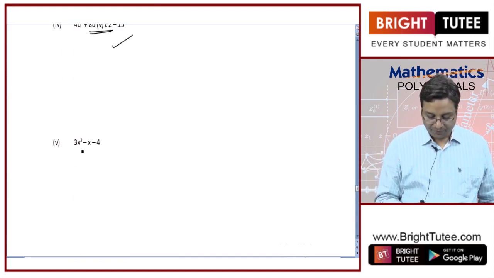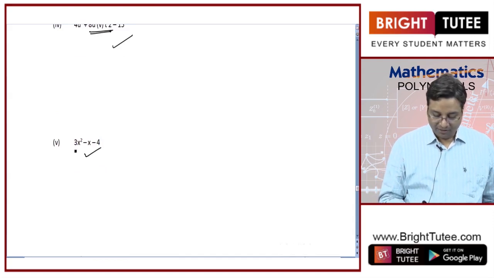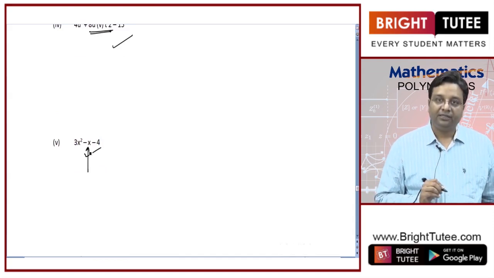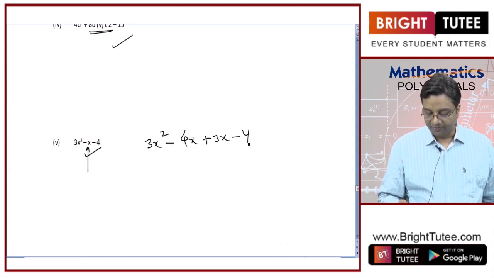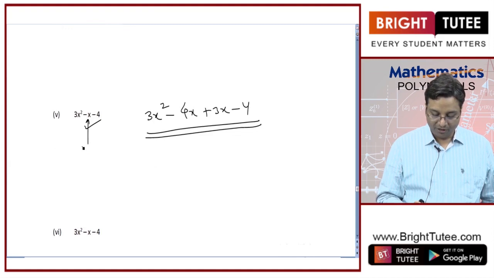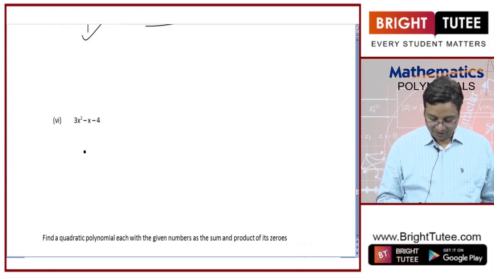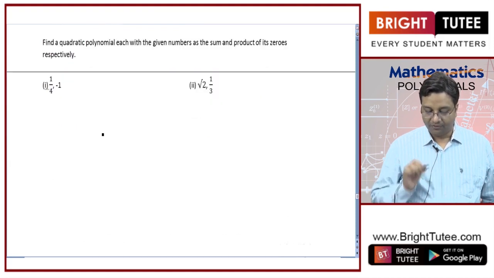So this question can also be taken as practice question, because you just have to factorize it by splitting the middle term. You can do it like this: minus 4x plus 3x minus 4, and then find the zeros and verify the relationship. So do it as your practice. Similarly this one. So let's move on to this question now.